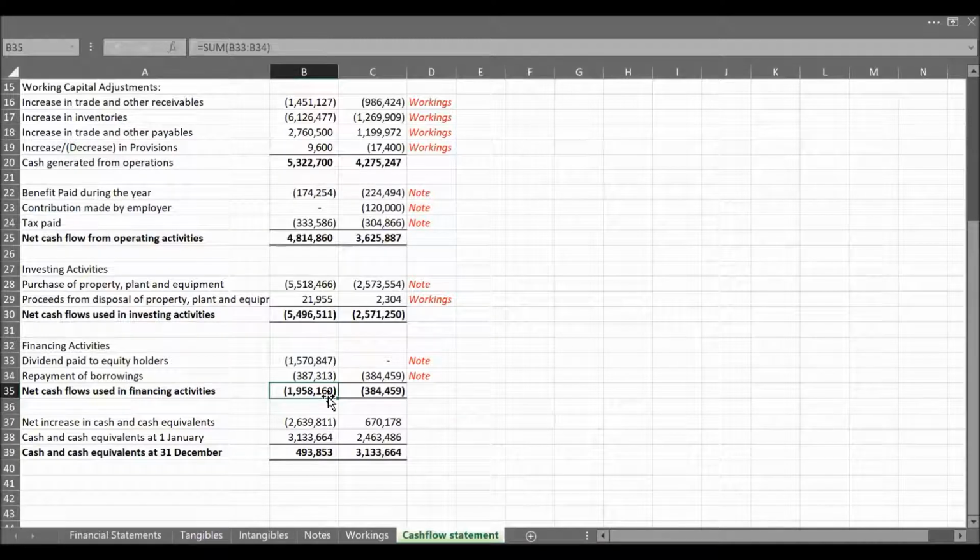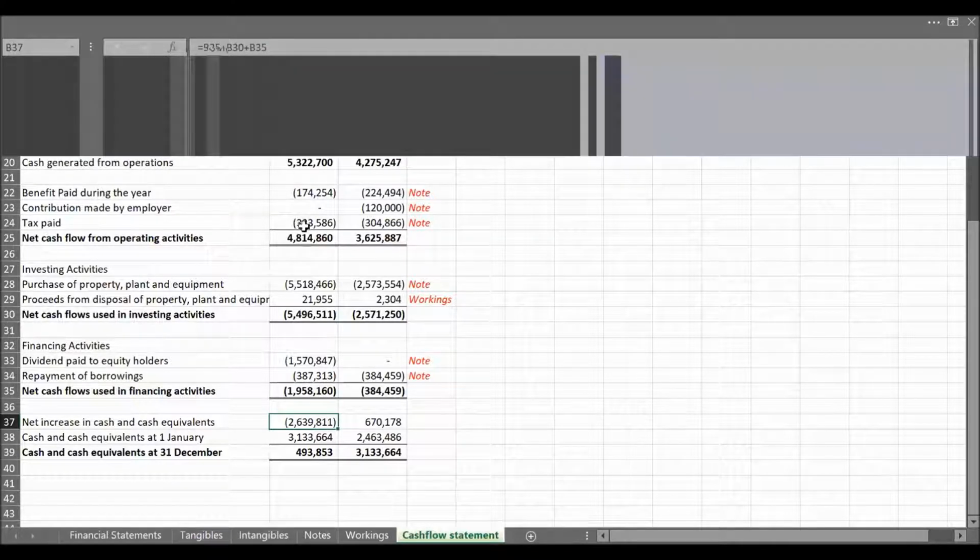So our net increase or decrease in cash in the cash flow statement is 2.639, which is the addition of the net cash flows from operating activities, investing activities, and financing activities.